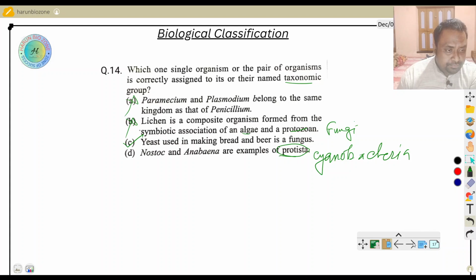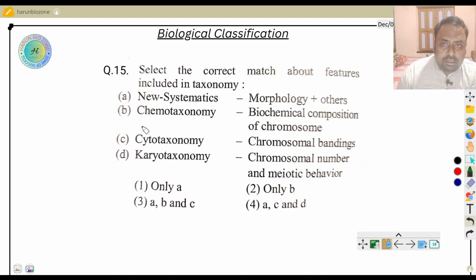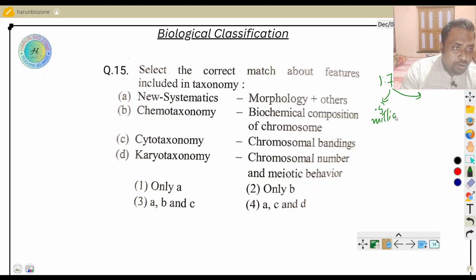Next question. Select the correct match about features in taxonomy. Taxonomy means taxis and arrangement. In this world, about 1.7 million, 7 million different types of organisms are present, within which 0.5 million are plants and 1.2 million are animals.